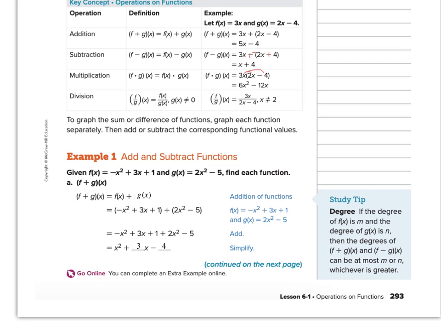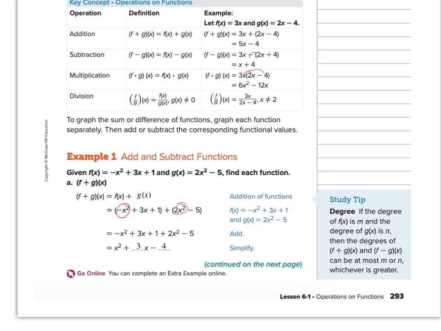Now, adding and subtracting functions again. The notation for adding is f plus g of x. So we take f of x and we add g of x to it. Simply the entire f of x, and in this case, plus g of x, which is 2x squared minus 5. We add them together. You combine like terms.